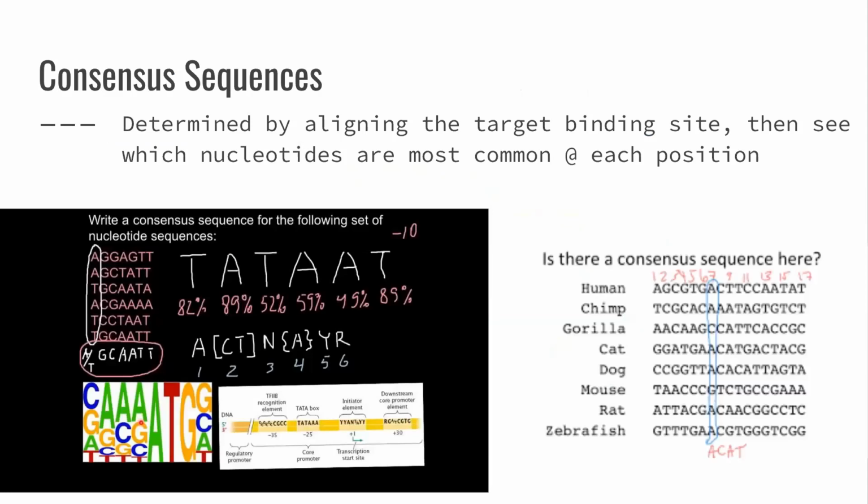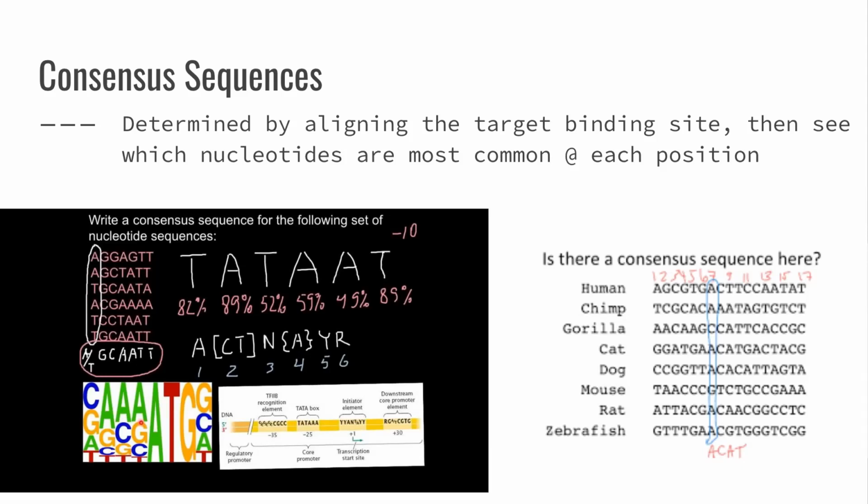Going into more detail on consensus sequences, they're determined by aligning the target binding site, then seeing which nucleotides are most common at each position. So, for example, for nucleotide position 7, right here, you can see that there's A, CAA, GAA. The most common nucleotide there is A. So for the consensus sequence, you would pull an A for position 7.